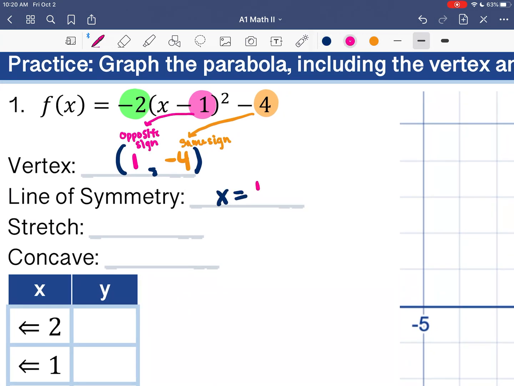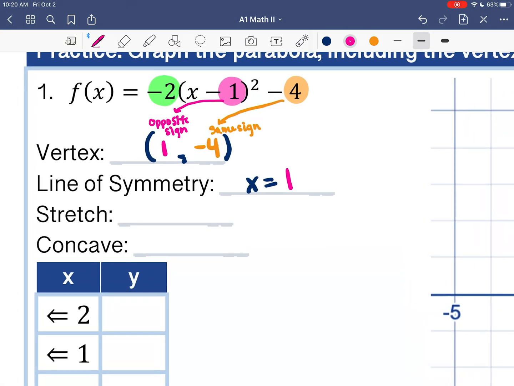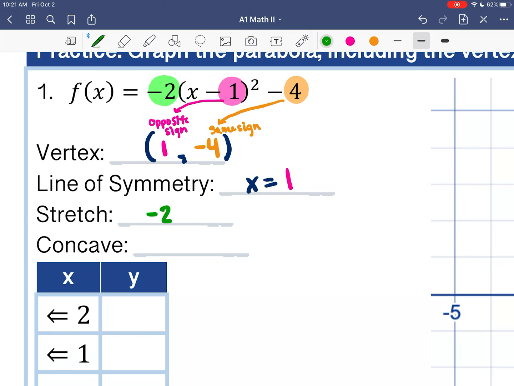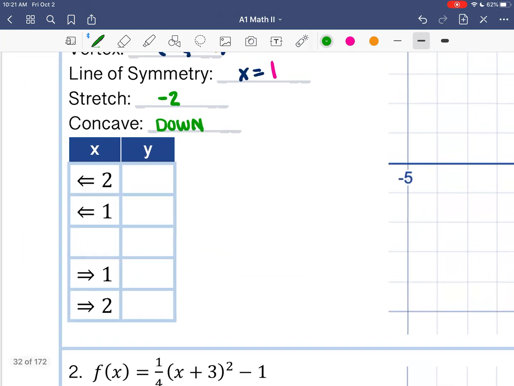Line of symmetry is just x equals whatever the x value of the vertex is, which is 1. The stretch is -2. And it's concave down because it's a negative.